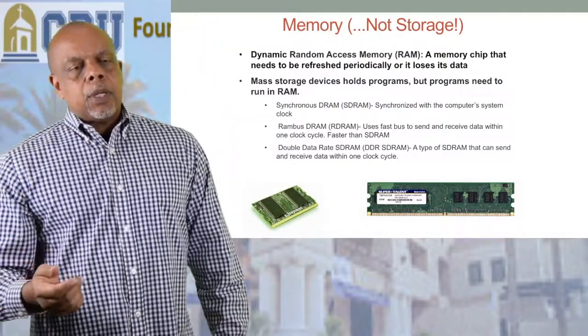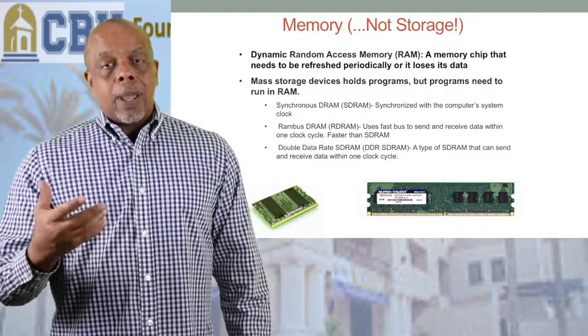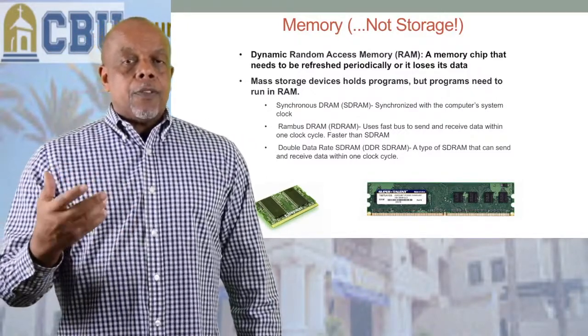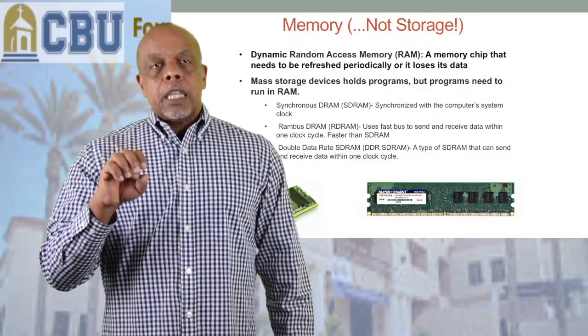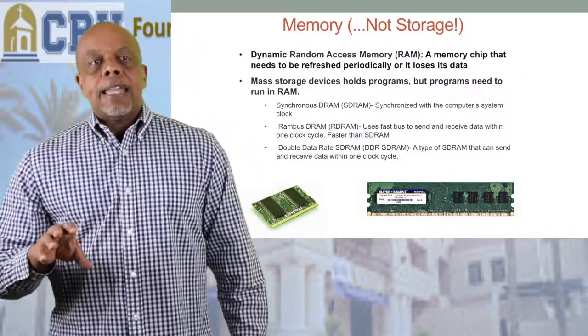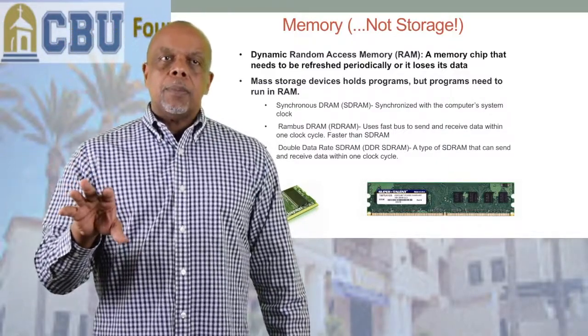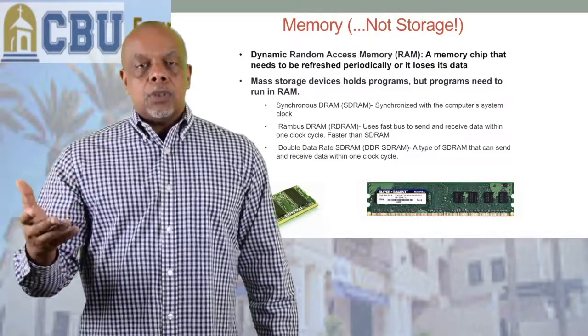When we talk about memory, we're typically talking about RAM, random access memory, a volatile type of memory. Really, most of the RAM we use today is dynamic RAM. That's a memory chip that, when you say dynamic, has to be refreshed periodically or it loses its data.